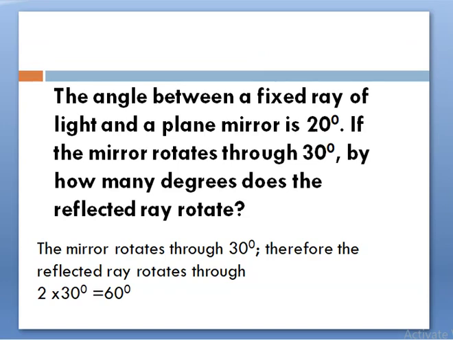Now, let's see another example. The angle between a fixed ray of light and a plane mirror is 20 degrees. If the mirror rotates through 30 degrees, by how many degrees does the reflected ray rotate?